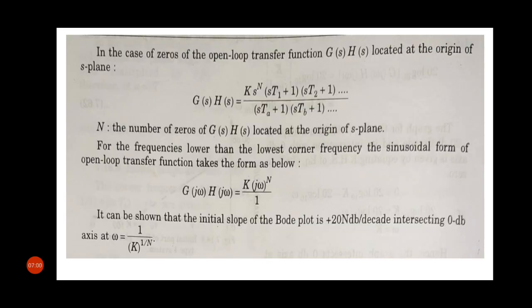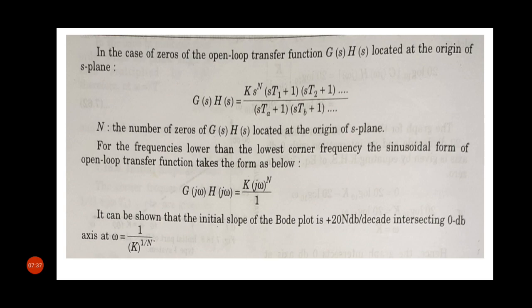Now see, in the case of zeros of open loop transfer function G(s)H(s) located at the origin of the s-plane, like G(s)H(s) equal to k into s to the power n into (s t1 plus 1) into (s t2 plus 1) like this, divided by (s ta plus 1) into (s tb plus 1) like this. Okay, so here n equals the number of zeros of G(s)H(s) located at the origin of the s-plane.